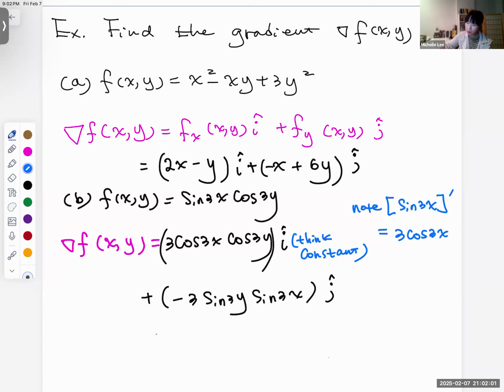So let me write down cosine 3x and negative 3 sine 3x, 3y.